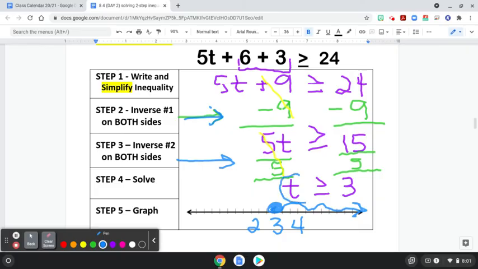Your solution should have been all numbers greater than or equal to 3. Your graph solution should start at the value 3 with a closed circle because it is equal to 3, but also to the right because it's greater than 3 as well. How'd you do on that one?